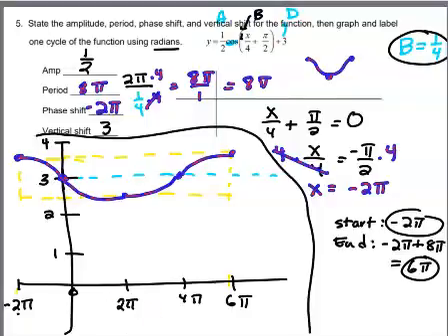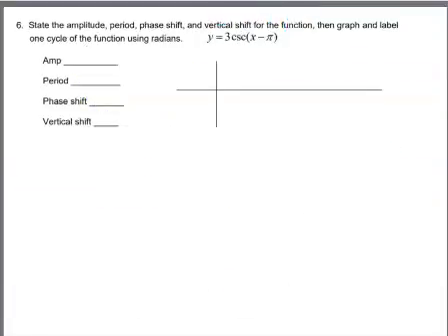Okay? All right. Let's go on to number 6, which is cosecant. So most of our time with cosecant is really spent graphing this. 3 times the sine of x minus pi. So I know sine has an amplitude of 3, but we're talking about the amplitude of cosecant.